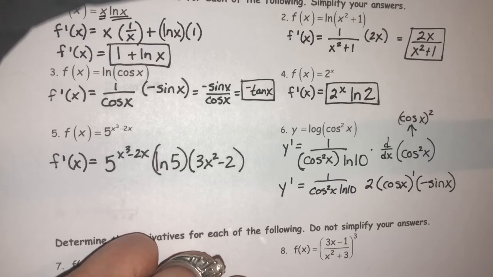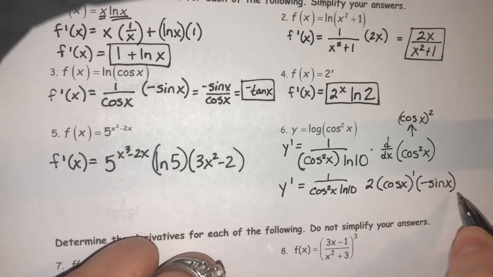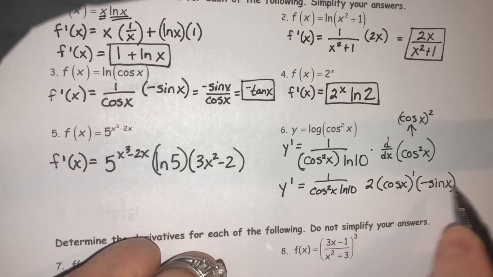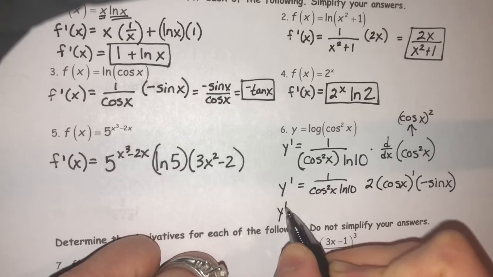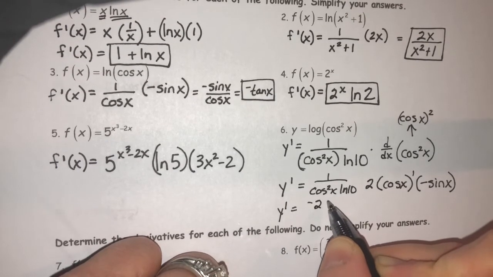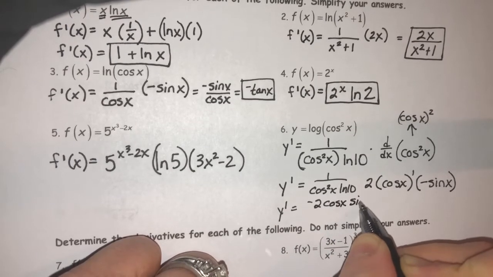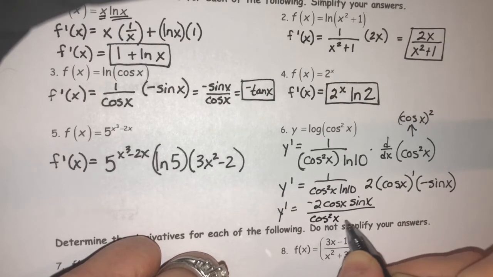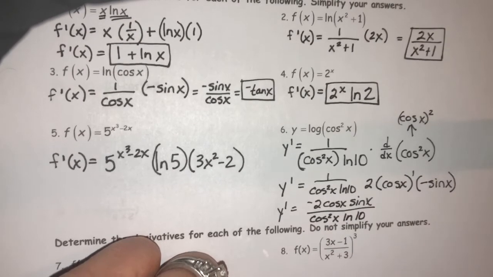So I'm going to simplify it by putting basically all of this that's being multiplied times our fraction over 1, so it's going to go into the numerator. So I'll have negative 2 cosine x sine x in the numerator over cosine squared of x natural log of 10.